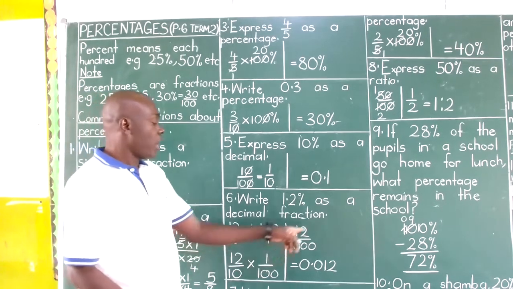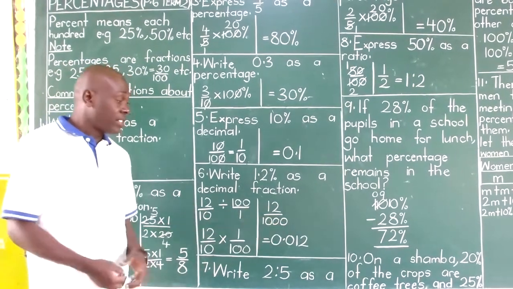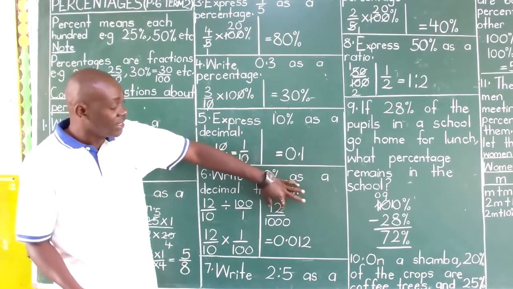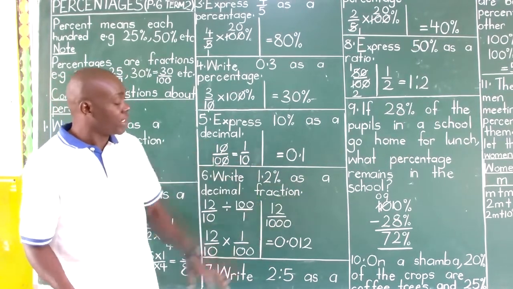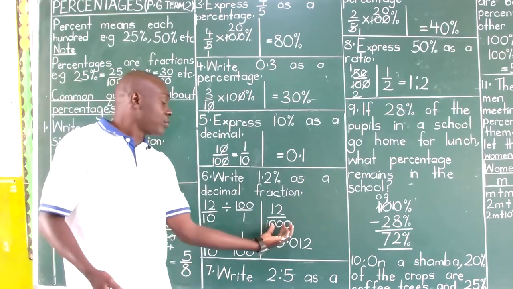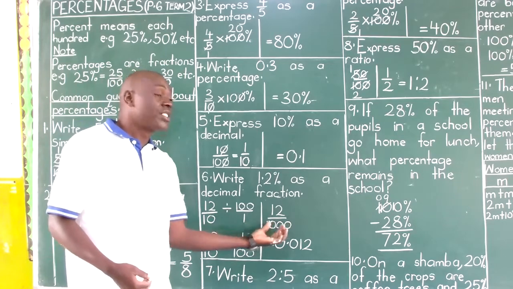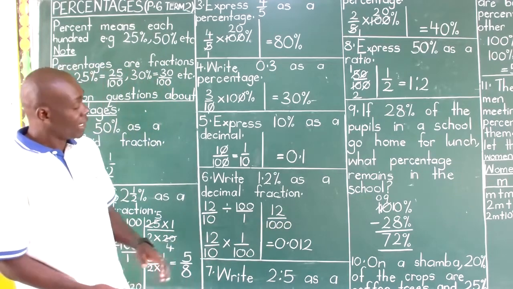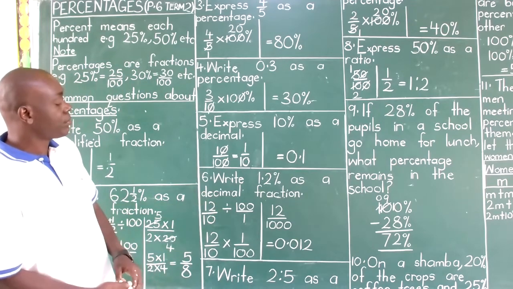So 12 times 1 gets 12, and 10 times 100 gets 1,000, thereby getting 12 out of 1,000. And the fact being that we have 3 zeros on the 1, those 3 zeros written against 1 make the number of decimal places we shall have in the decimal fraction.